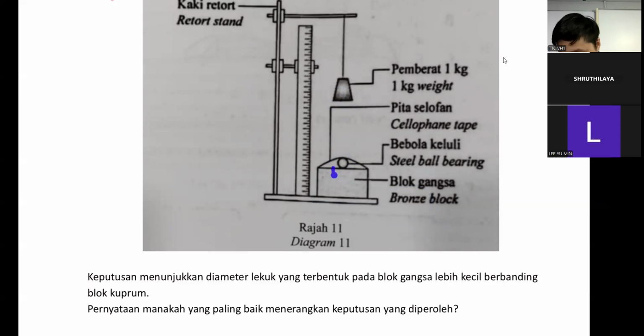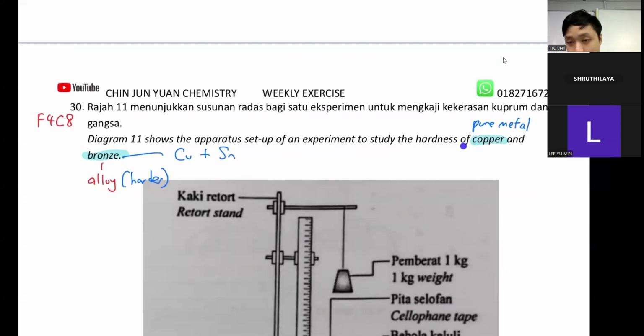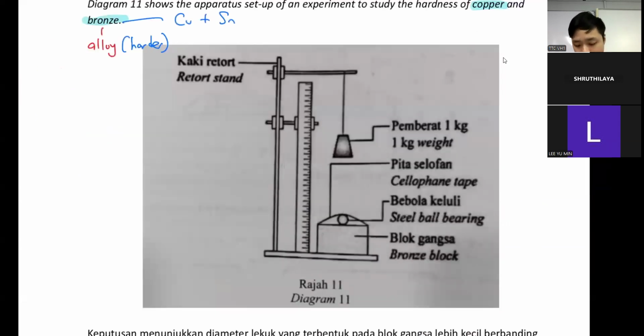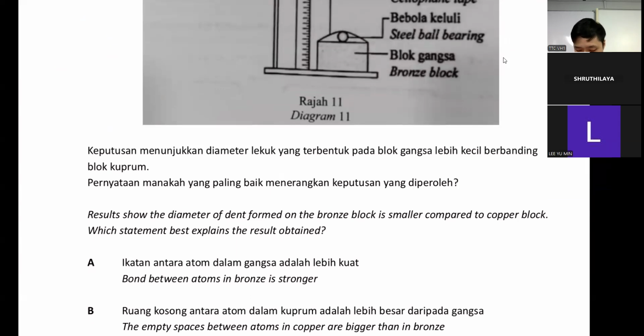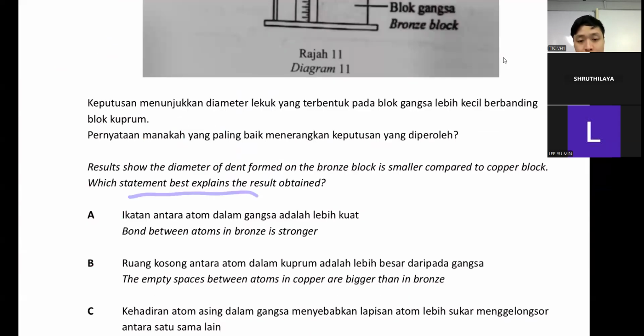So if the diameter is higher, means normally the material is a bit weaker, it's a bit softer, not hard enough. Normally it's copper lah, it's a pure metal. 这是纯金属啦，okay, like this, this is pure metal 纯金属，not strong enough. 纯金属是弱过合金的。Pure metal is normally weaker than alloy.